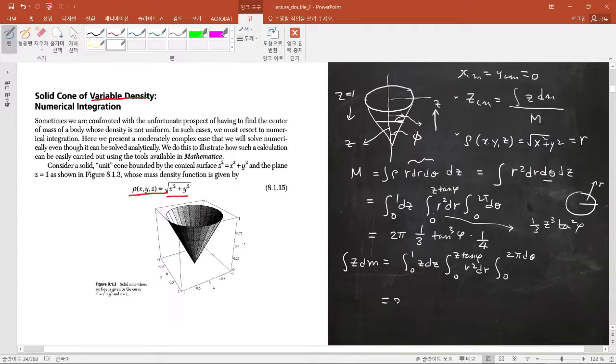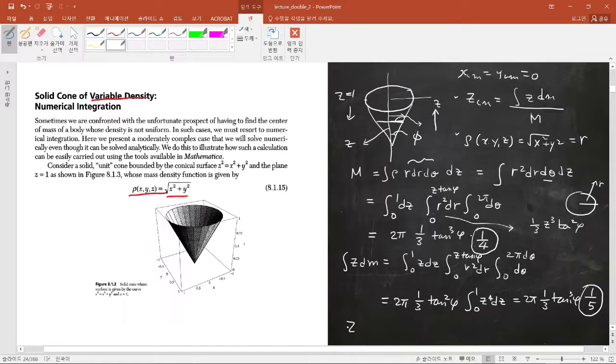So that gives you 2 pi times 1/3 tangent cubed phi. Now here you have z cubed but with another factor z, so it is z fourth dz this time, which gives you 1/5. So the only thing that has changed is because of this extra z factor, you have 1/4 and 1/5 here.